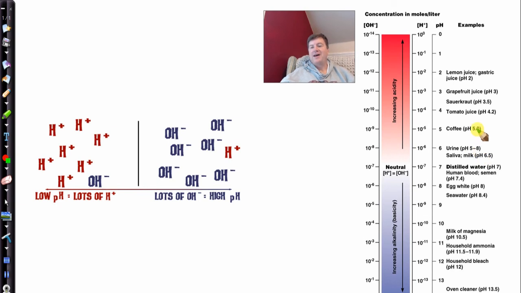Coffee is about 5. Tomato juice is about 4. So as you go, again, that direction, it's going to become slightly more acidic. As you move this direction, again, it's going to become more basic. So the pH scale is important because it tells us something about the number of hydrogen ions and hydroxide ions in solution.